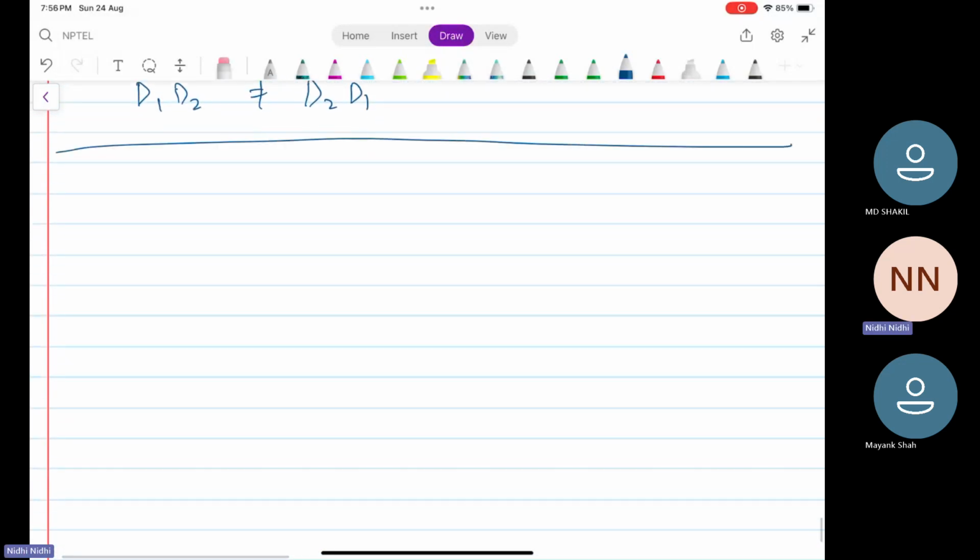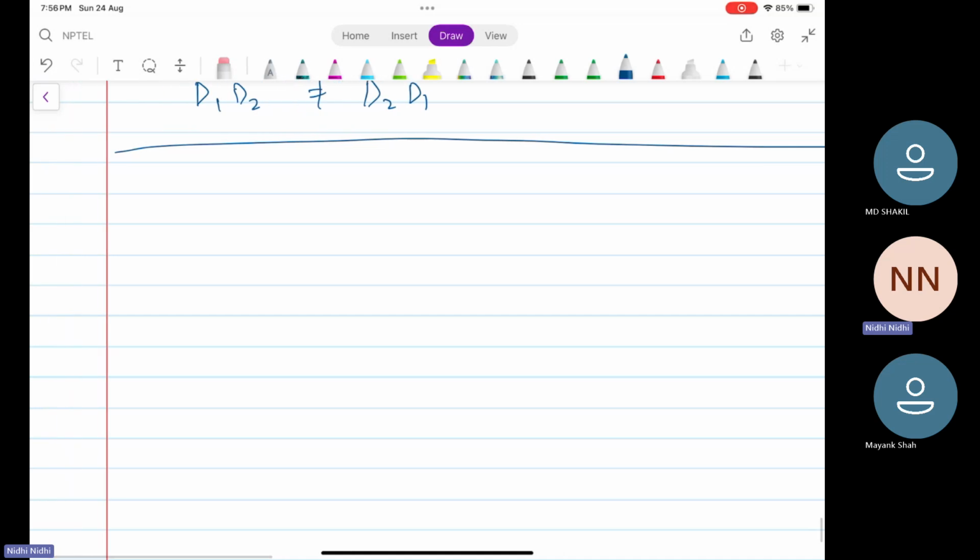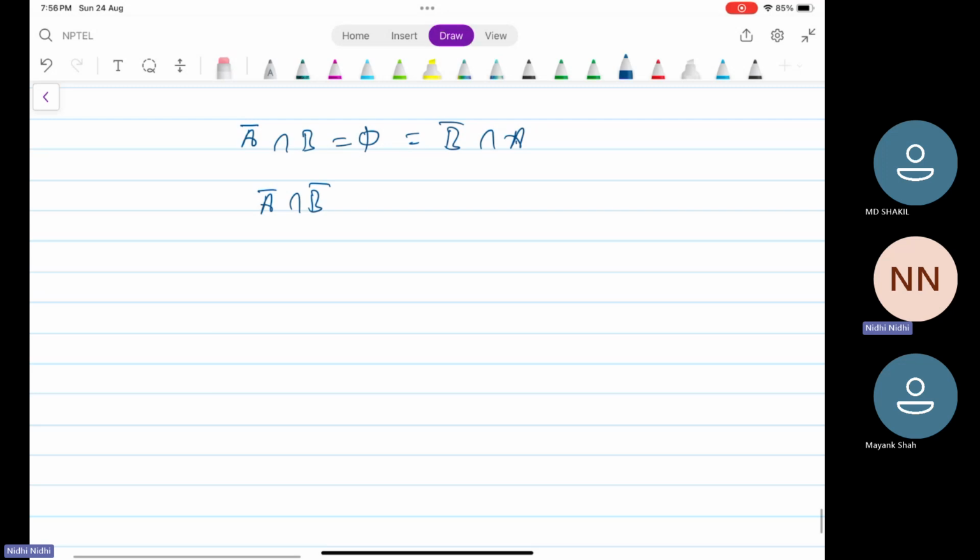Basically, in order to show that two sets are separated, we use the notation that A closure intersection B should be empty, which is equal to B closure intersection A. And you were saying that instead of this, can we take A closure intersection B closure? So, for this, we have a contradicting example.